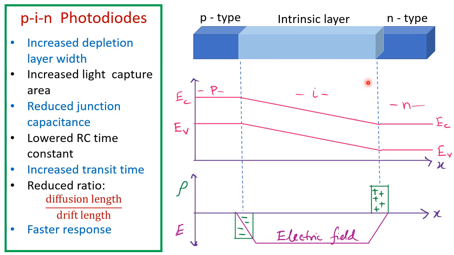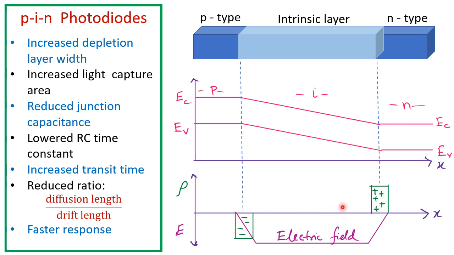So what has happened here is that the ionized impurities are now situated at this junction on the left, right? Because these are acceptor impurities, they get the electron and become negatively charged. Similarly, on the other side, you have the donor atoms, which donate an electron, so they turn out to be positive.